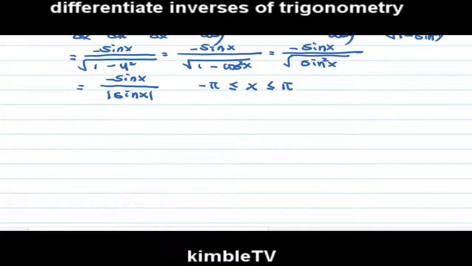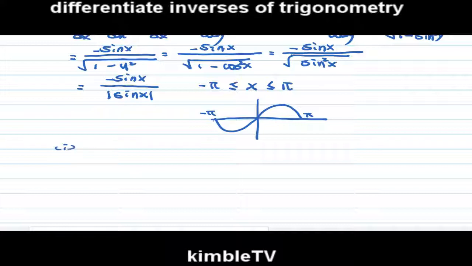A sine graph is like this, from minus pi to pi. First, when x is between 0 and pi, excluding the equals, because if it has equals, this will be undefined. Therefore x is between 0 and pi.